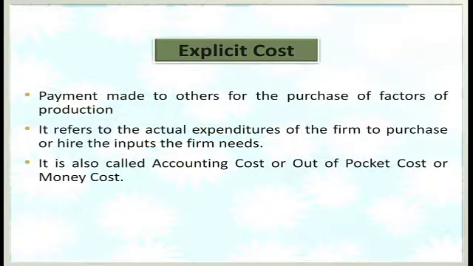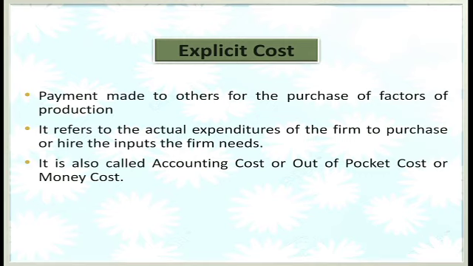And explicit cost, payment made to others for the purchase of factors of production, is known as explicit cost. It refers to the actual expenditure of the firm to purchase or hire the inputs the firm needs.